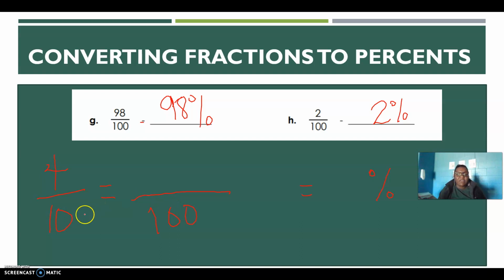So remember, when we're finding the equivalent fraction, we do 10 times what number will equal 100. Whatever I'm multiplying by with the denominator, I must multiply by the same number with the numerator. So 10 times 10 equals 100. 4 times 10 equals 40. So now it's easy. Now I have my denominator of 100, so my percent is 40%.